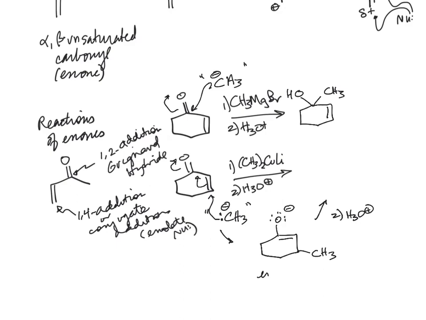If you look closely, you'll note that this intermediate is an enolate, and enolates do not ordinarily react at the oxygen. They react at the alpha carbon. So it is the alpha carbon that's going to get protonated in our second step, and we're going to get our ketone back.